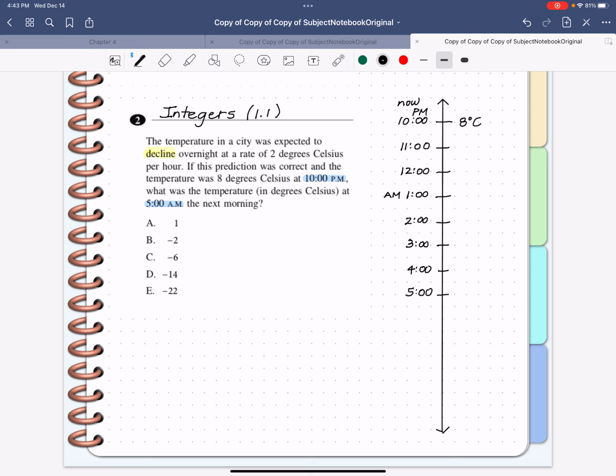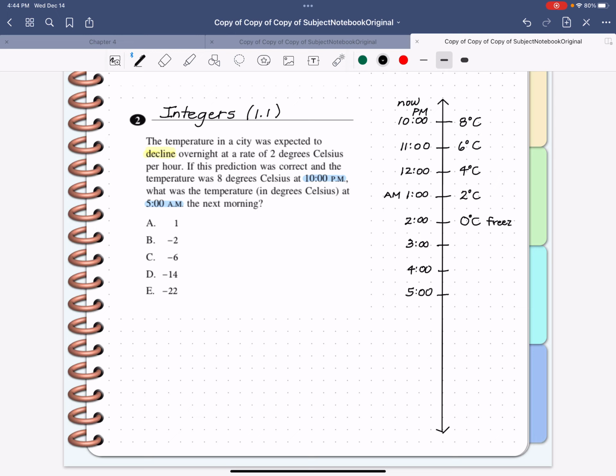So if you let the temperature drop 2 degrees per hour, that would be 6 degrees Celsius, 4 degrees Celsius, 2 degrees Celsius, 0 degrees Celsius, which, by the way, is the freezing point. That is 32 degrees on the Fahrenheit scale.